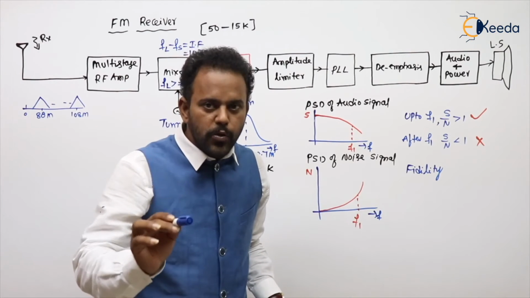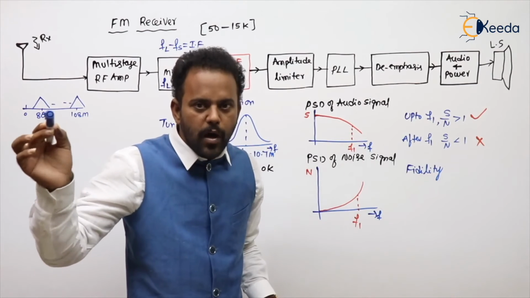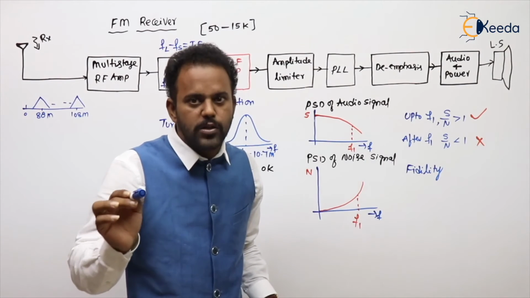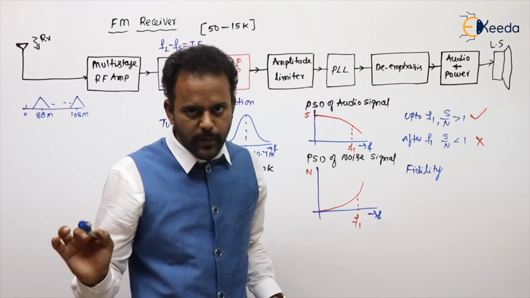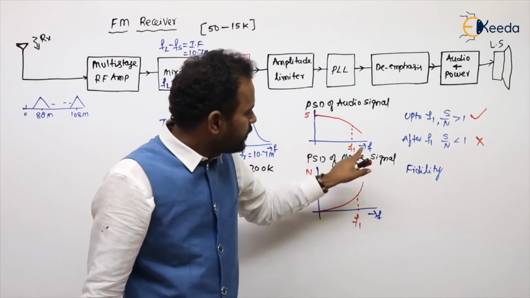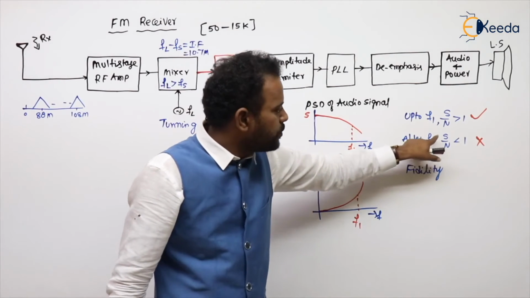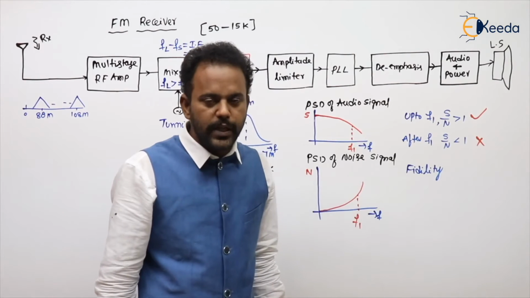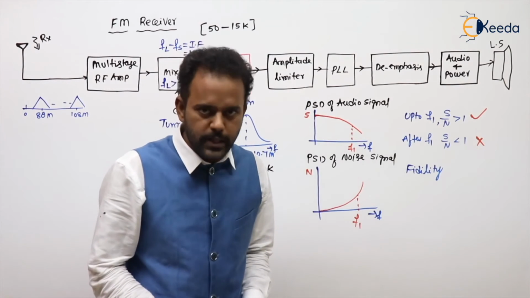That artificial boosting of higher frequency components itself is called, students, pre-emphasis. Are you getting my point? Artificial boosting of higher frequency components to improve signal to noise ratio is called pre-emphasis.